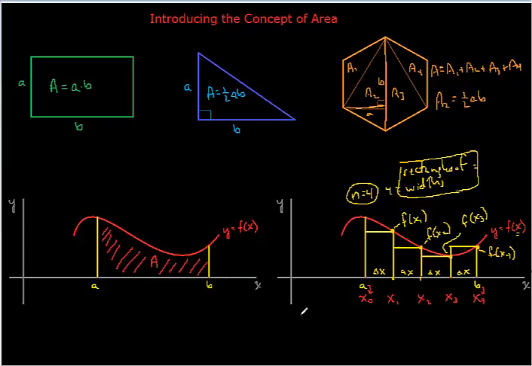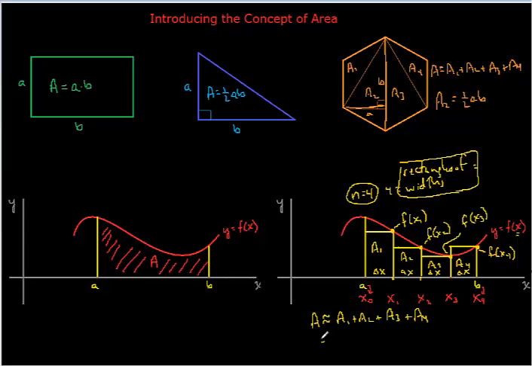Okay. And now the area, if I call this area 1, area 2, area 3, and area 4, the area under the curve is approximately equal to area 1 plus area 2 plus area 3 plus area 4.